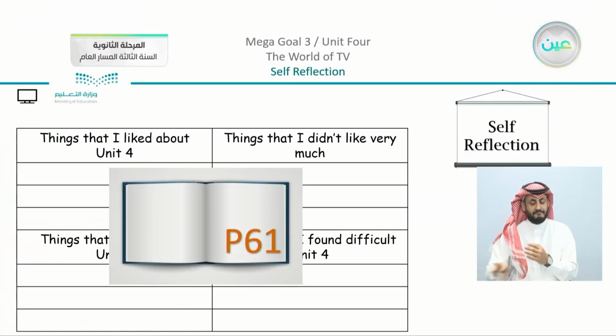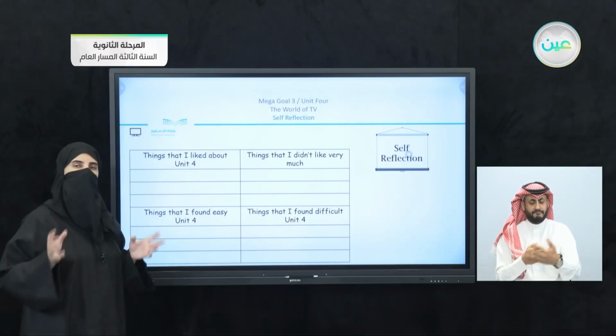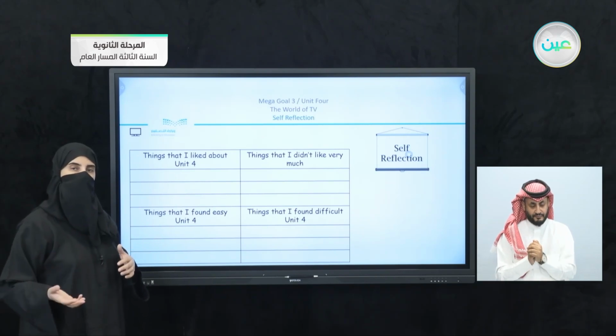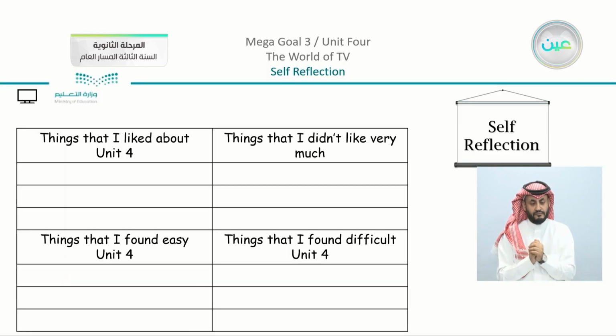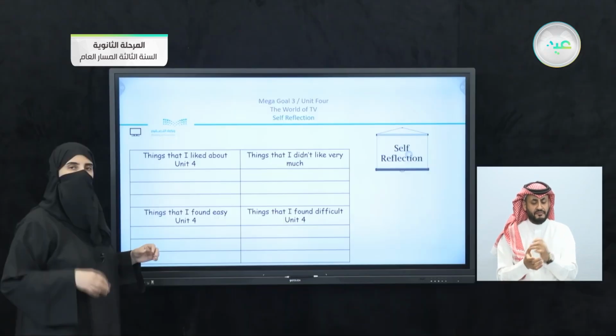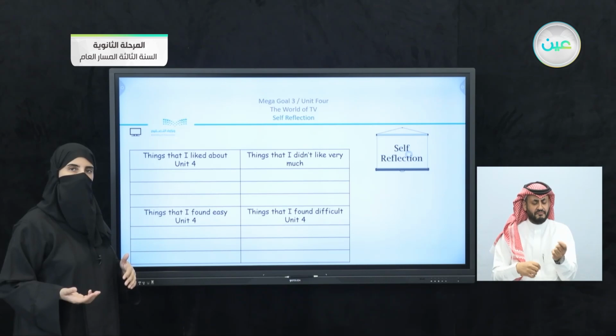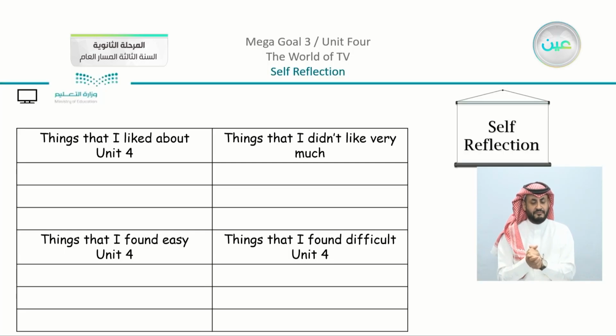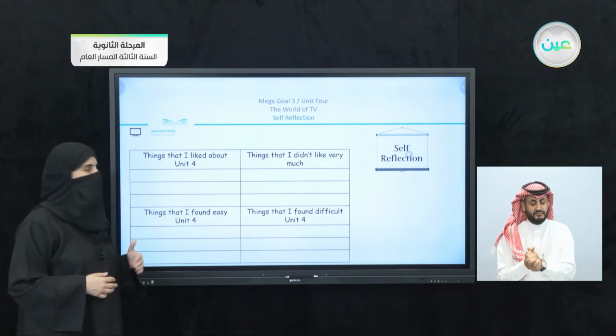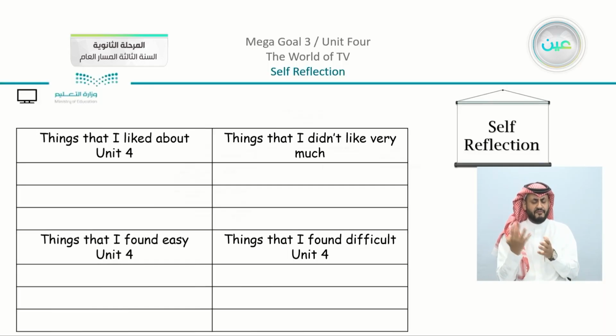So you can see on page number 61, we have the same table as we have discussed before. We have the things that I liked about Unit 4. You can just write down the notes, or the things that you didn't like very much. Things that I found easy in Unit 4, you can also write here, or the things that you found difficult.